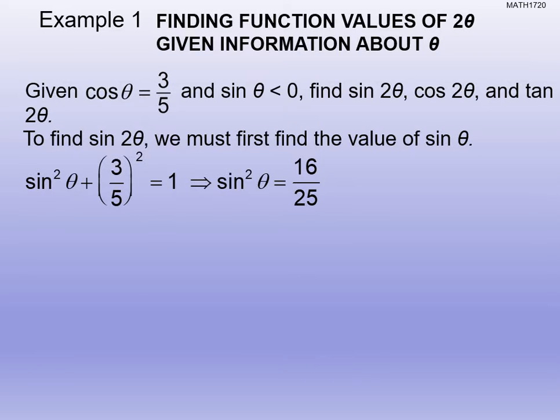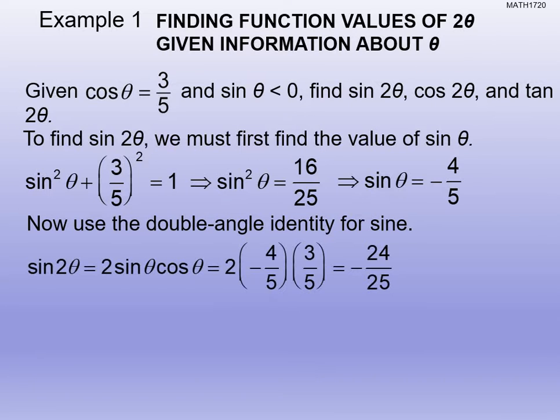Because 3 squared over 5 squared is 9/25, and then 1 minus 9/25. Rewrite 1 as 25 over 25, so you have 25 minus 9, which is 16 over 25. Then we square root both sides, plus or minus 4/5. Obviously we want to choose the negative sign because that's the restriction in the problem, where sine of theta has to be less than 0. So now we know that sine is negative 4/5. I've told you 2 different ways to do it.